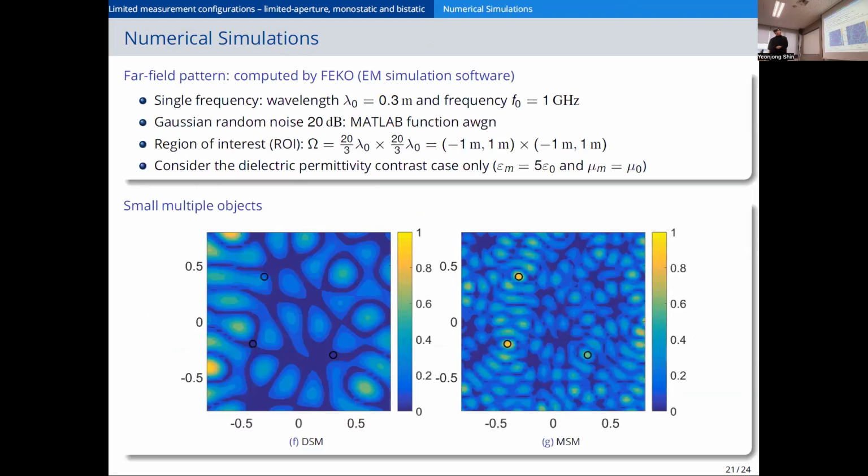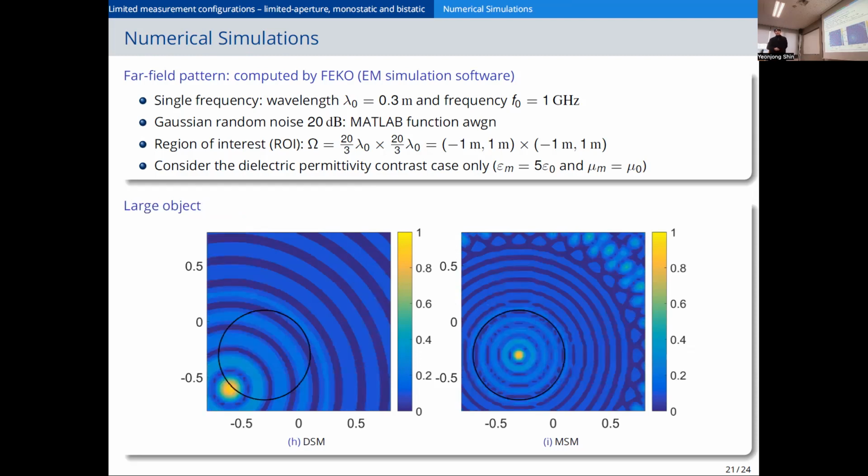This is the numerical simulation in the same configuration. For the small multiple object case, by DSM we cannot detect the objects. It has a maximum value exactly 2 times the object, like this. But with our MSM, we can detect all the objects. Of course, there is so much oscillation compared to the full view problem.